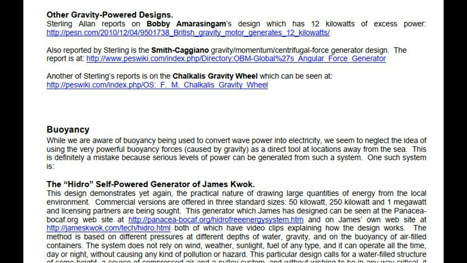Other gravity-powered designs. Sterling Allen reports on Bobby Amorazingham's design, which has 12 kilowatts of excess power. Also reported by Sterling is the Smith-Caggiano gravity/momentum/centrifugal force generator design.